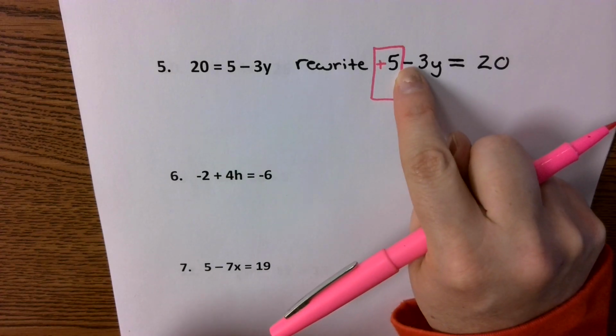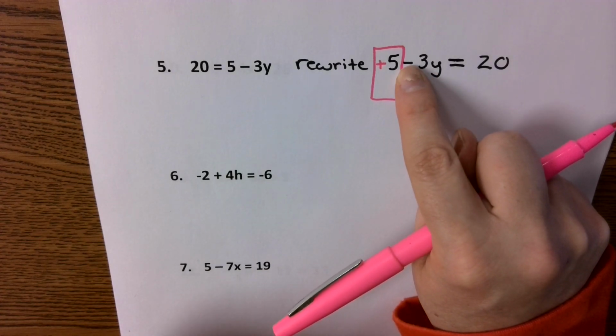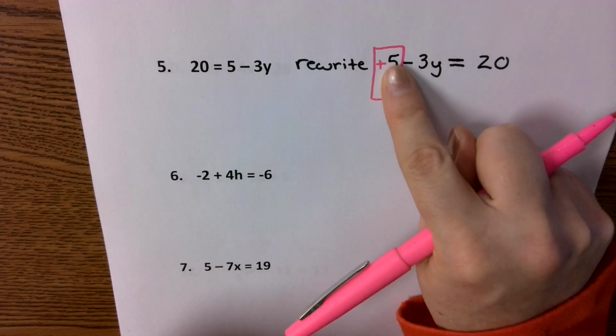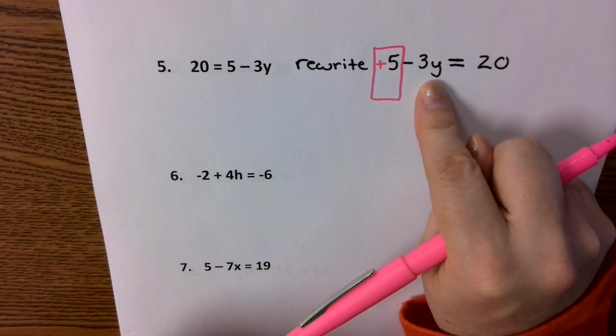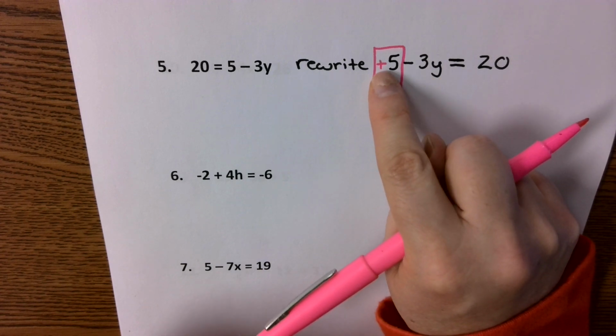That minus sign belongs to what number? The 3. That minus sign belongs to the 3. Okay, be very mindful of this. Listen very closely, because these are the kinds of questions that the county likes to put on their exams. That plus sign is invisible.